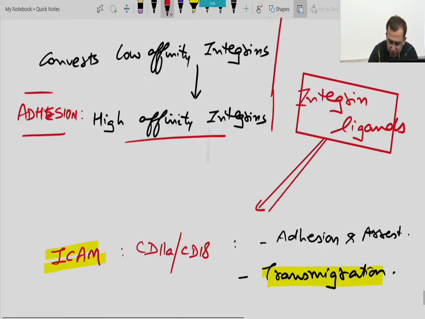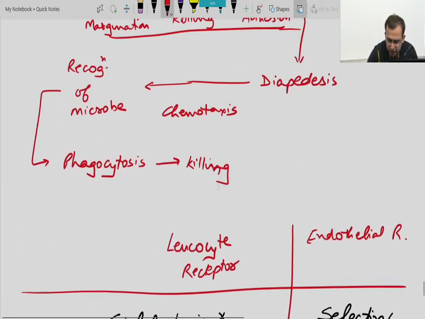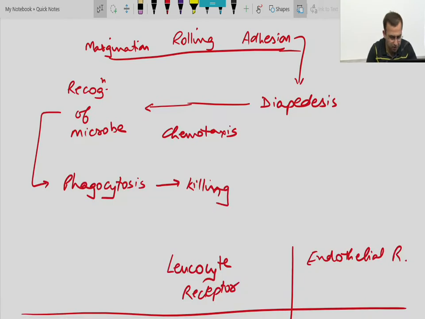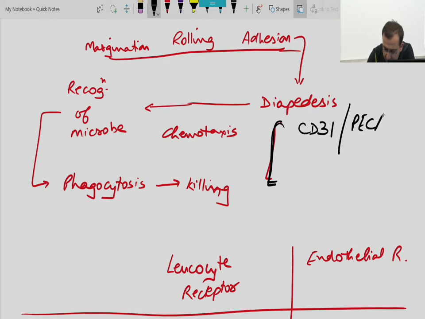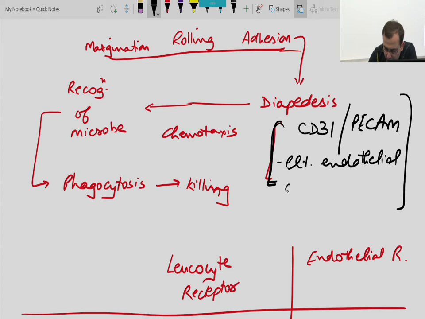After that, the next step was diapedesis. Just one word with this: the most important mediator for diapedesis is CD31 or PECAM. PECAM stands for platelet endothelial cell adhesion molecule.